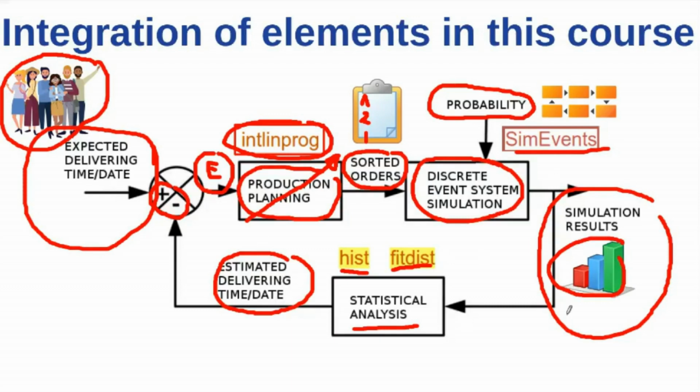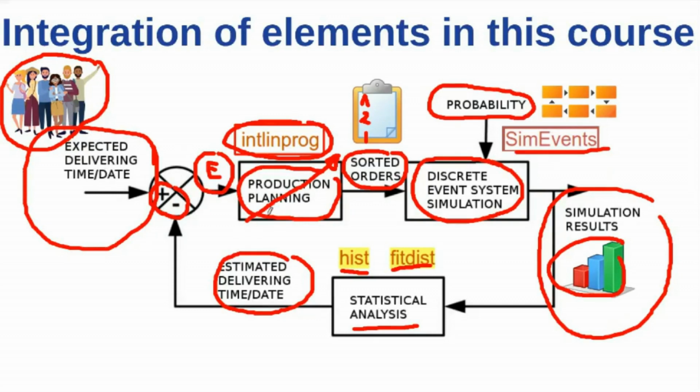At the end, it's like a feedback control loop, right? But if this error is negative, it means that it will take more time to do the production process according to these sorted orders in comparison to the expected delivering date of our customers.